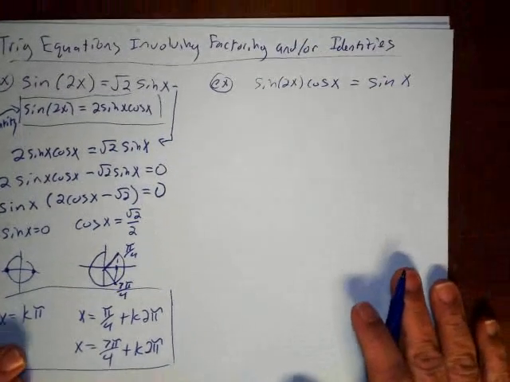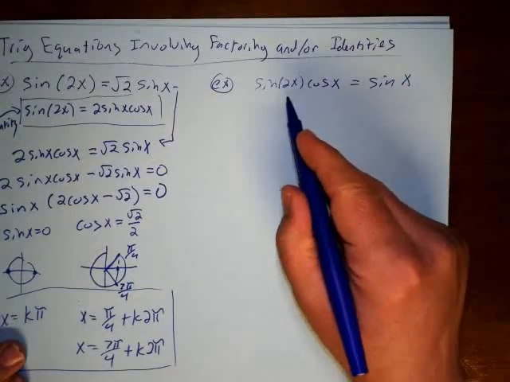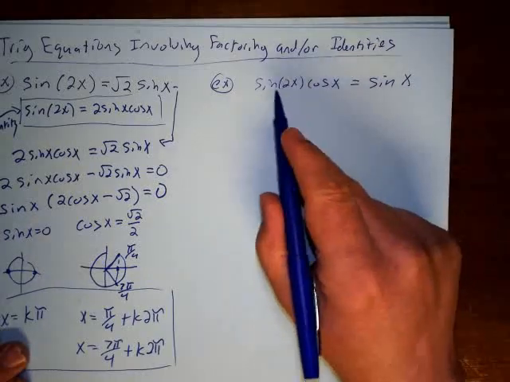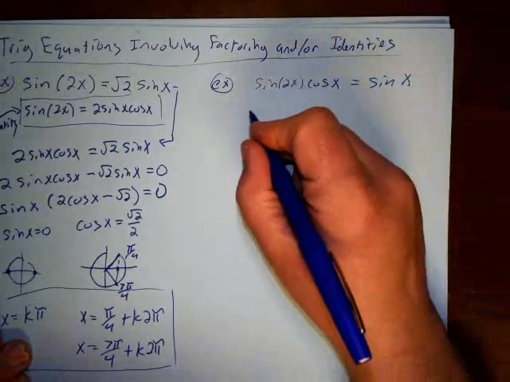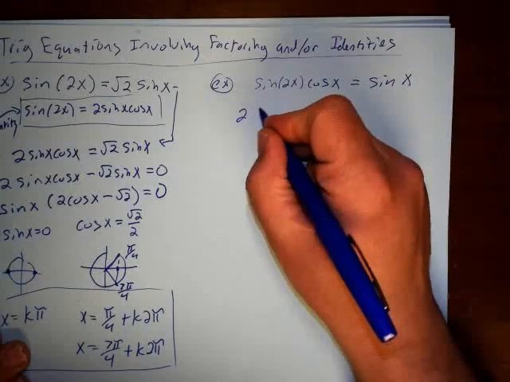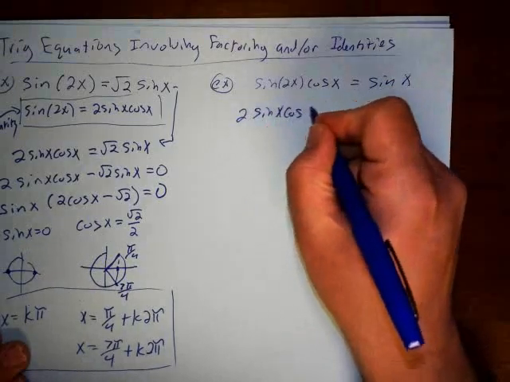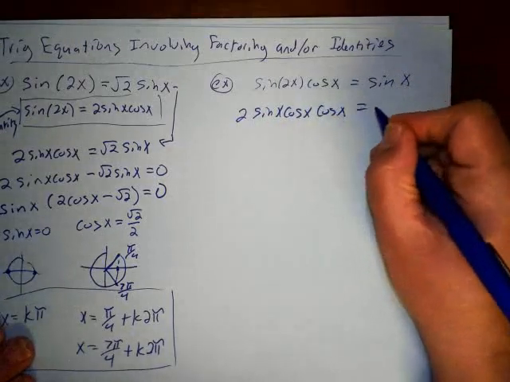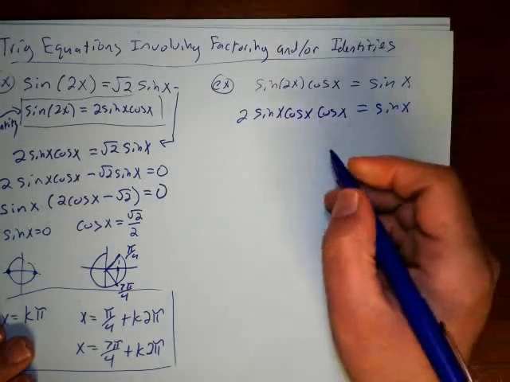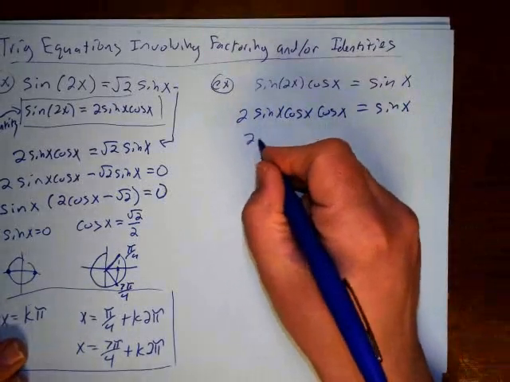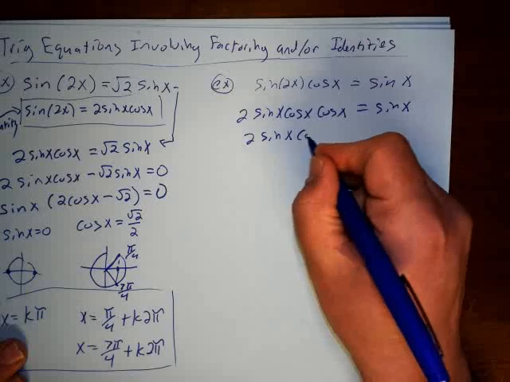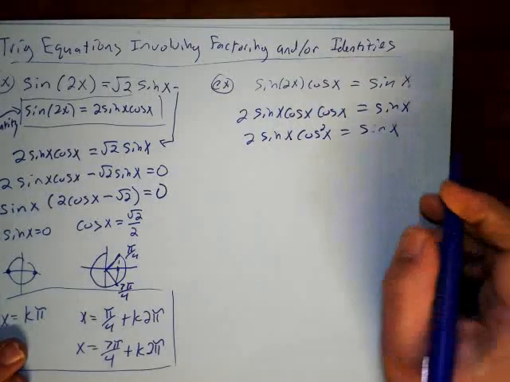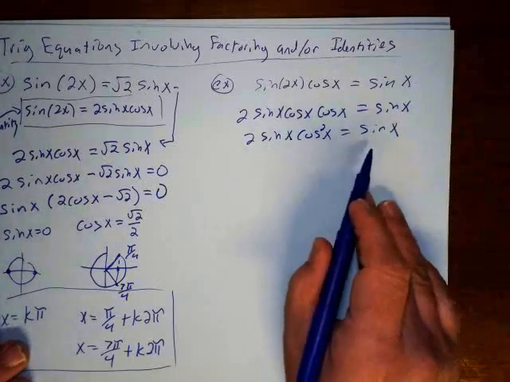Now let's try this one here. If you look at this one, I have the double angle again, okay? So I'm going to use a double angle identity and see what happens. If I do that, this becomes 2 sine x cosine x times cosine x is equal to sine x. So this I could write as 2 sine x cosine squared x is equal to sine x. Okay, can you see how to solve this here?